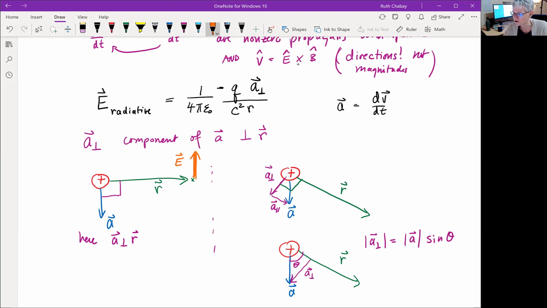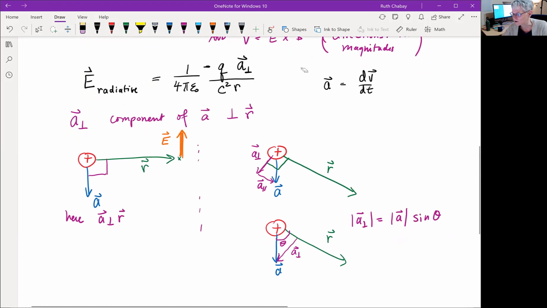That's for positive charge. We note that we've got the same problem we always do. If Q is a negative number, then it's going to have an additional negative sign and they'll cancel out, and then the E will be in the direction of A perpendicular. So let's see what we get in these cases over here from this equation.